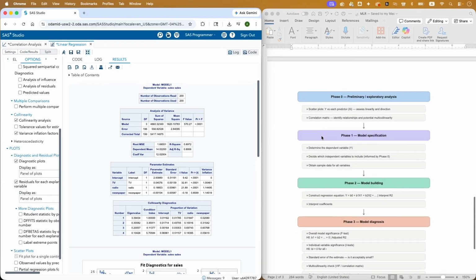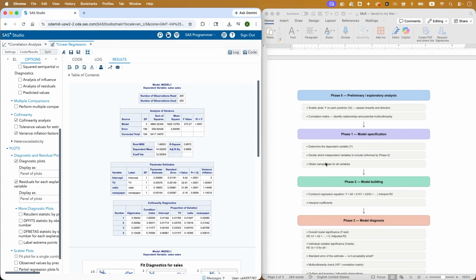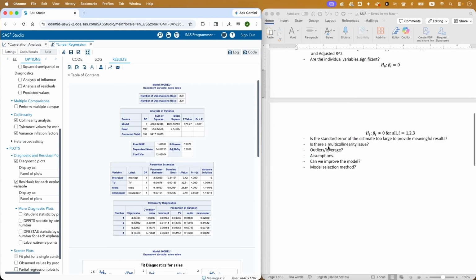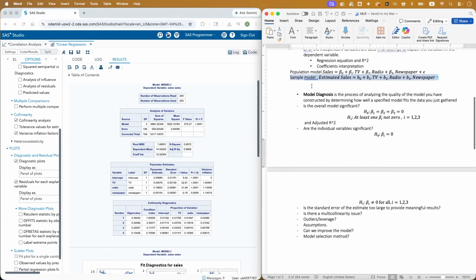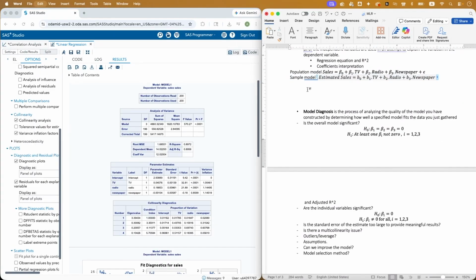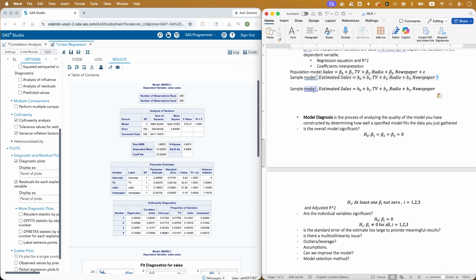Now we would like to construct the regression equation. So let me construct the regression equation. I'm going to copy this. The estimated sales is equal to beta naught. Where is beta naught? It is the intercept. We look at the estimates here. This is 2.939. By the way, 3 small digits is okay.